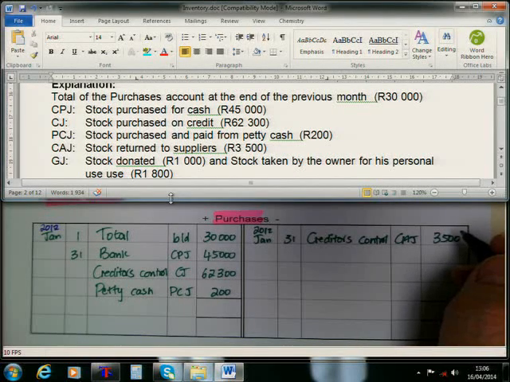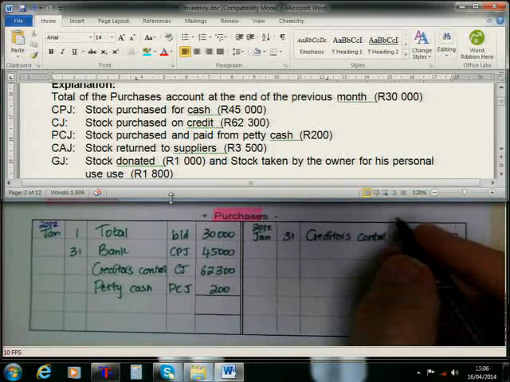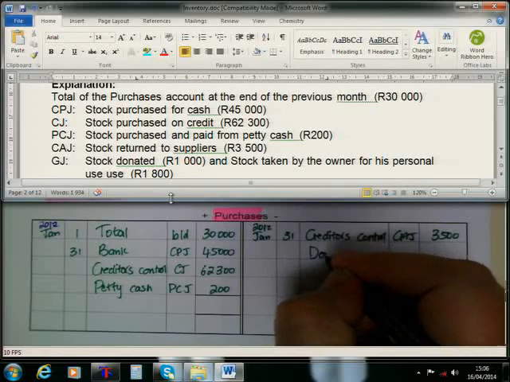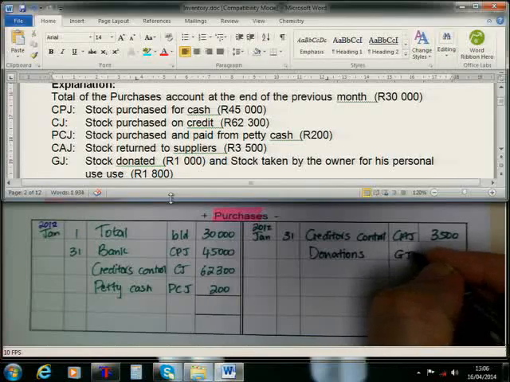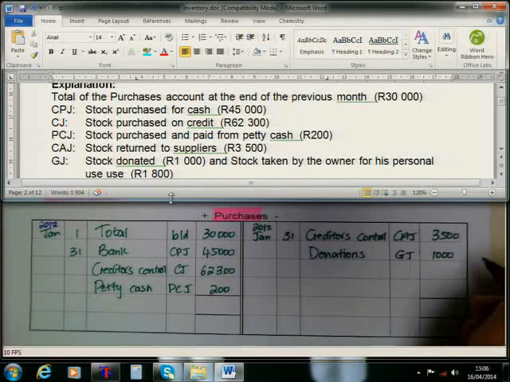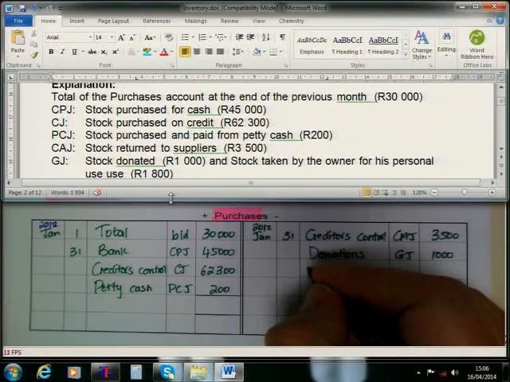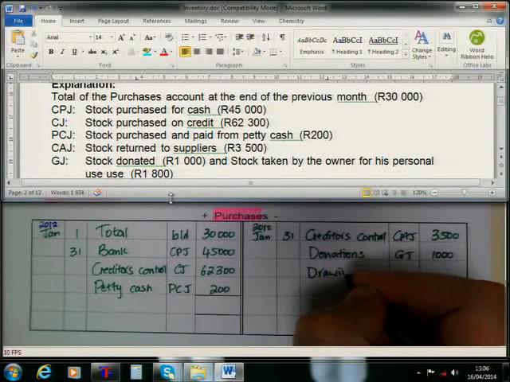Stock donated, 1,000 Rand, donation. And stock taken by the owner is drawings.